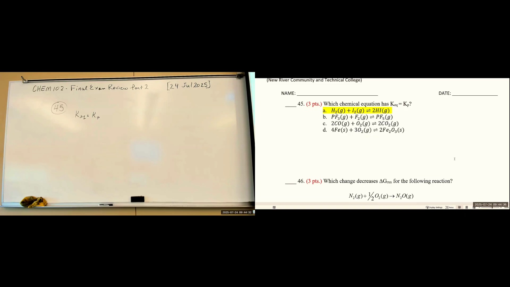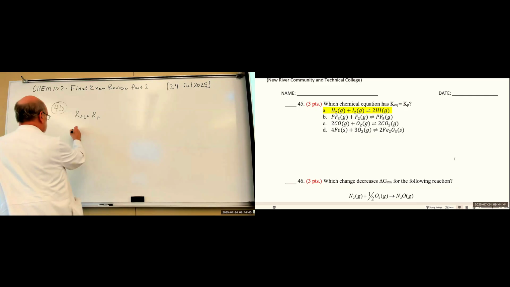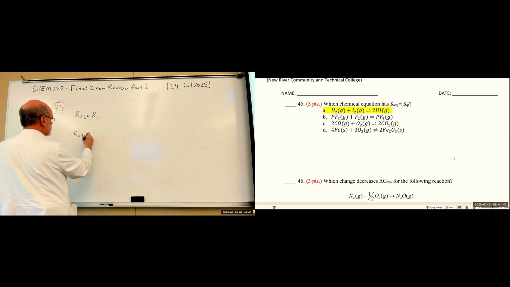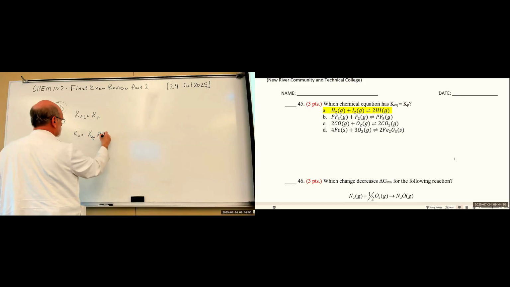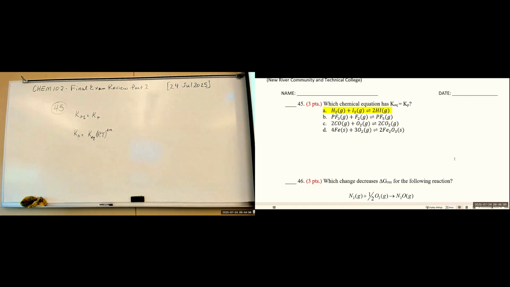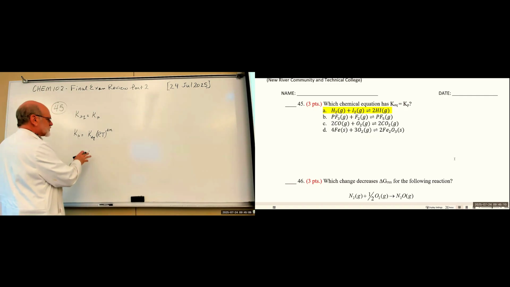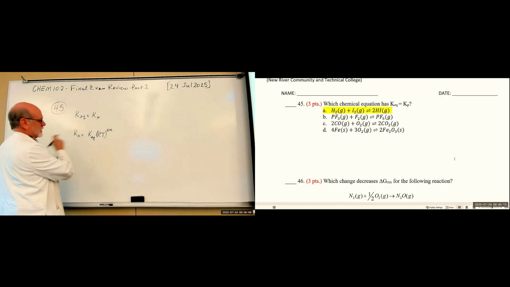And that is Kp equals Keq times (RT) to the delta n. Let me see if I got that right. 45. Yep. So, under what circumstances would this one be equal to that one?